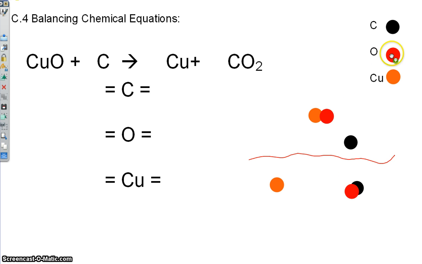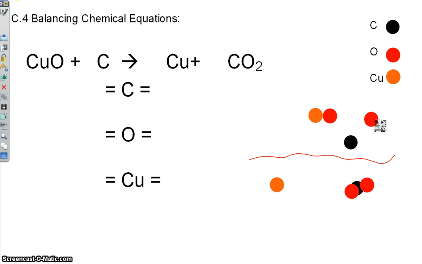So the question with the law of conservation of mass is, can we rearrange what we have at the top of the line to make what's on the bottom of the line? We see that we're short in oxygen. I can't just pull in another oxygen out of nowhere, because that's not part of what I started with.